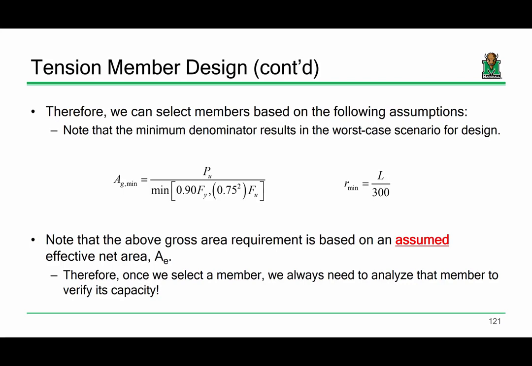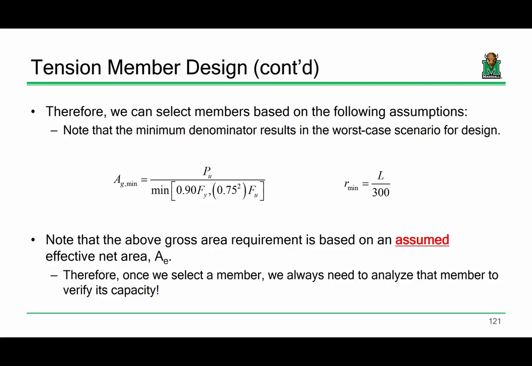I can get you a trial section for this example 5 in like 30 seconds. The key word is trial section. We are making assumptions in order to arrive at that cross section. We must validate those assumptions by analyzing the shape.